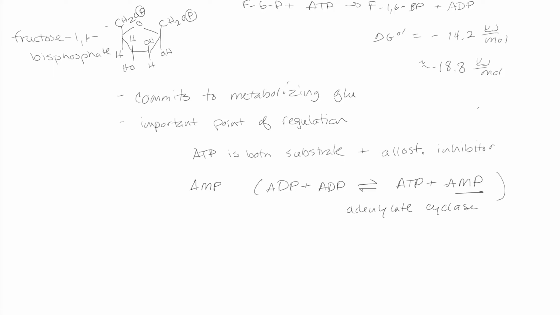And the presence of that AMP reverses inhibition due to ATP. So clearly, the activity of phosphofructokinase depends on both ATP and AMP levels and is a function of cellular energy status.